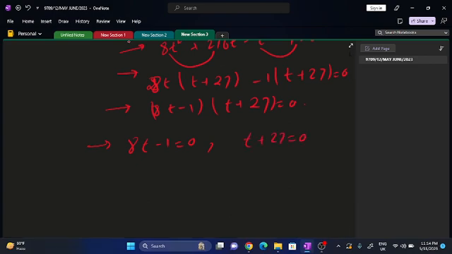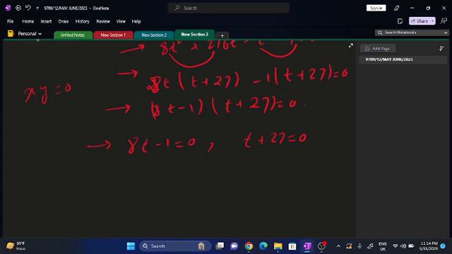Some students are confused about why I created two cases here. That's general, basic maths. Whenever the product of two numbers is 0, for example xy = 0, x is a variable and y is a variable. The same thing happens here: 8t - 1 is a variable, t + 27 is a variable.